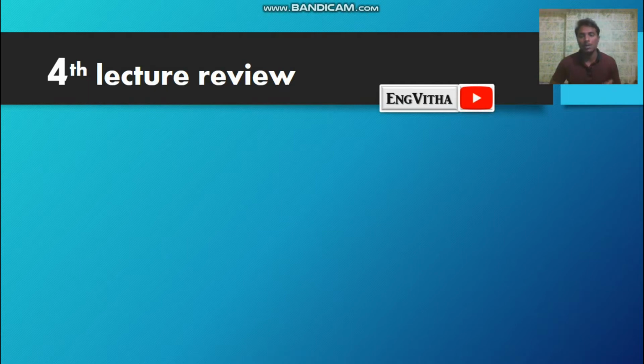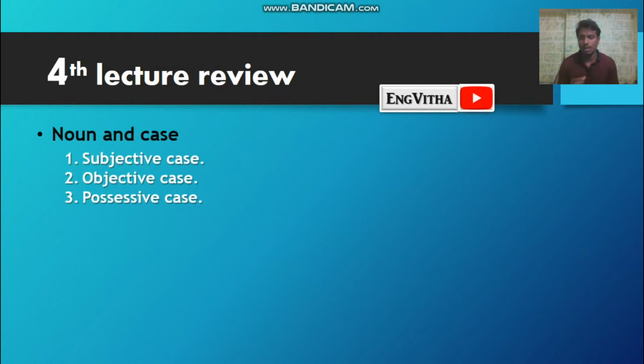Here, before we move on to the fifth lecture topics, we need to review what we learned in the fourth lecture. In the fourth lecture, we learned noun and case. Those are three in number: subjective case, objective case and possessive case.